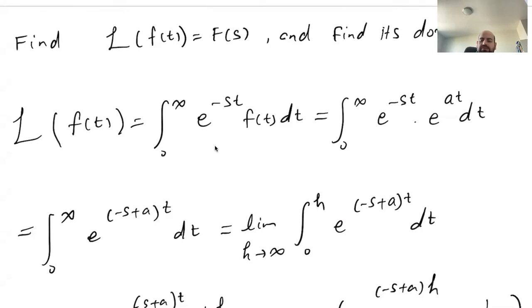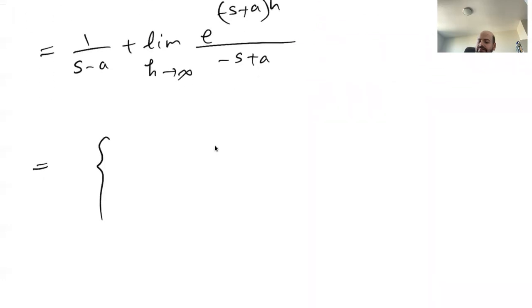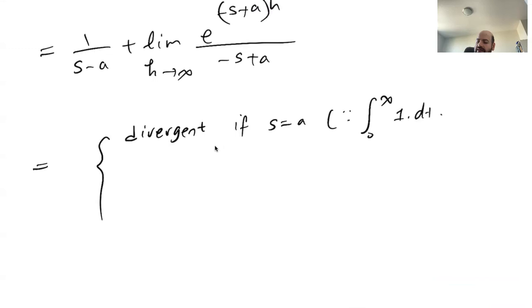Therefore, the Laplace transform will be divergent if s is equal to a, because the integral from 0 to infinity of 1 dt is divergent.